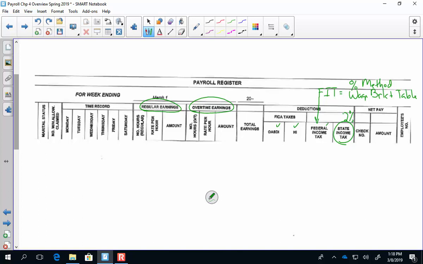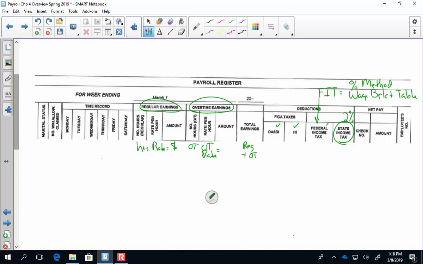So you'll take the hours times the rate to get the gross pay. And then if there are overtime hours, times the overtime rate to get that amount. And then we total regular plus OT to get that amount.